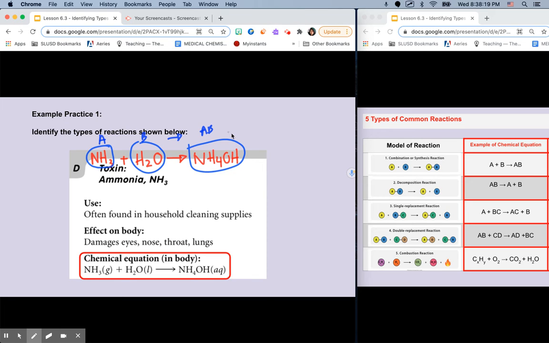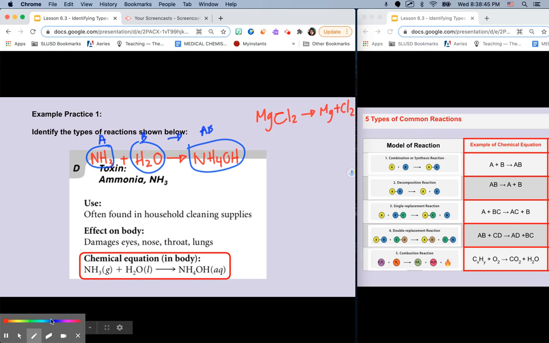Right. If I saw the opposite of this reaction, it might look something like this. So if I have a reaction that was like Mg plus Cl2, like so, right?